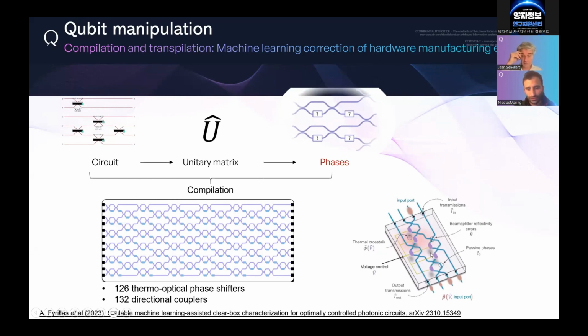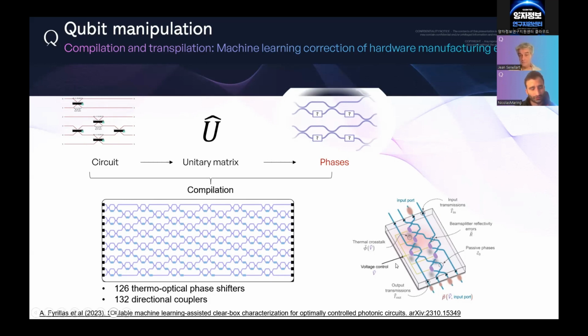This also takes into account the different imperfections that we have on chip and the crosstalk, because when we apply a voltage onto one phase shifter, it warms up locally, but also outside of the waveguide that we want.